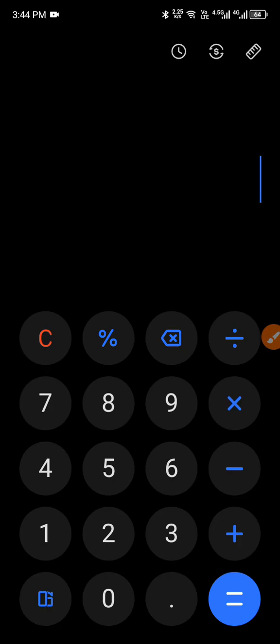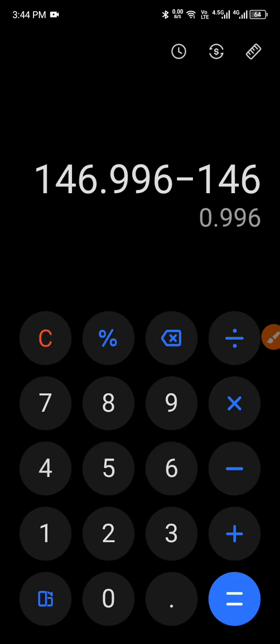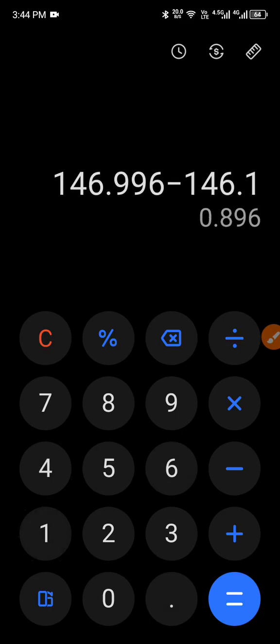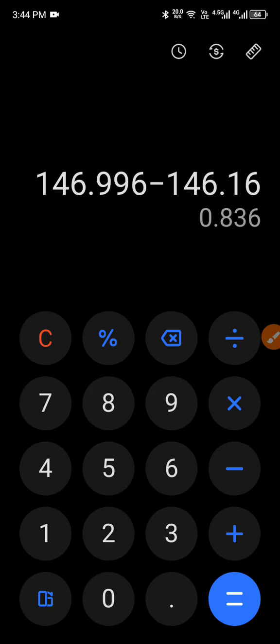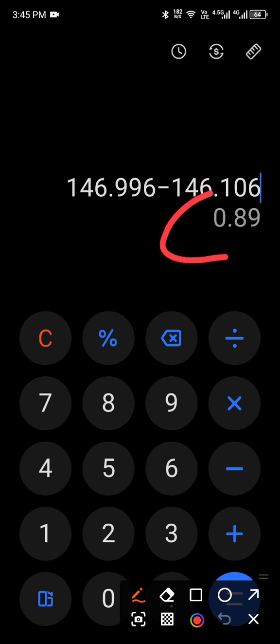I'm going to clear this. So 146.996, which is my entry point, minus my stop loss, which is 146.106. This gives me 0.89.